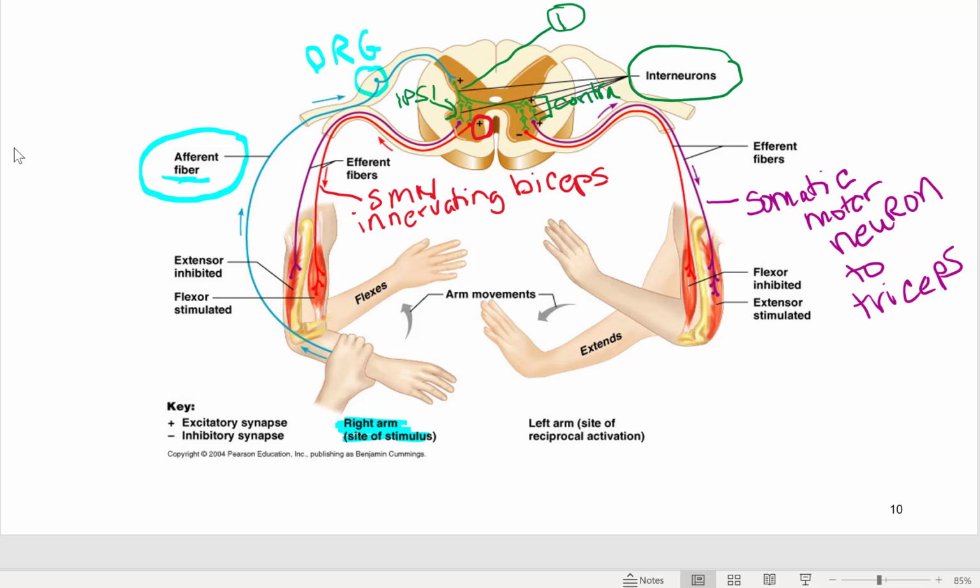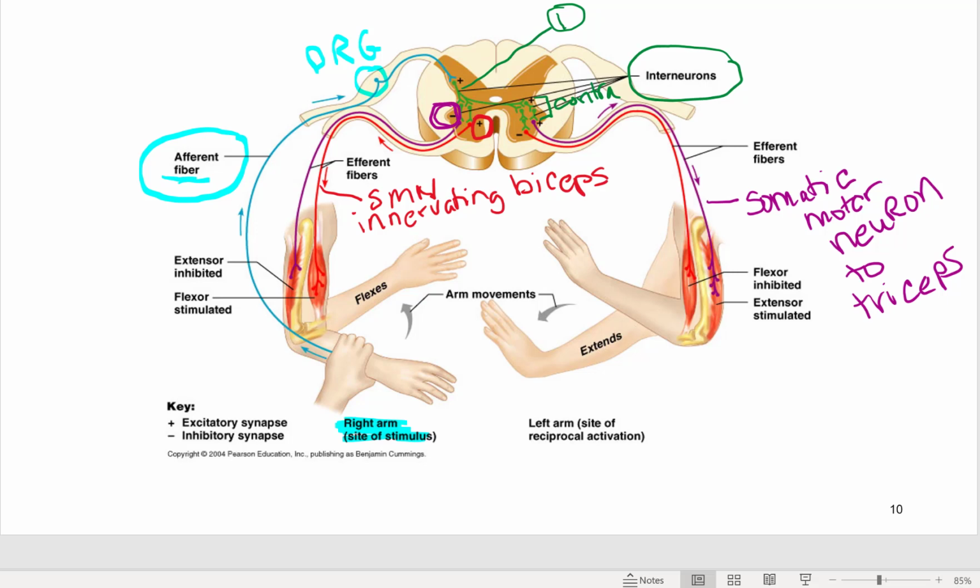But notice that the somatic motor neuron that innervates the triceps on the right side is getting an inhibitory neurotransmitter from the interneuron, shown up here with the negative sign.